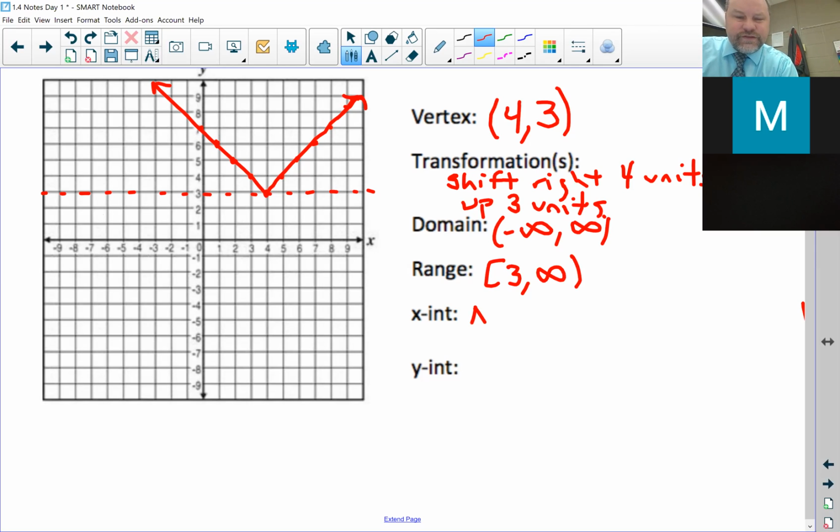So we just say there are none. Where does it cross the y-axis? Yep, 0, 7. All right.